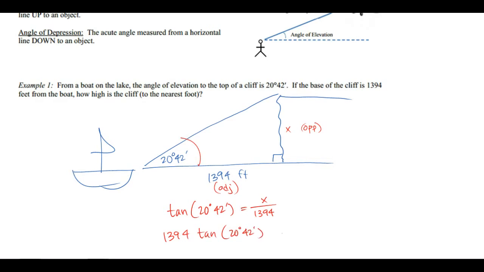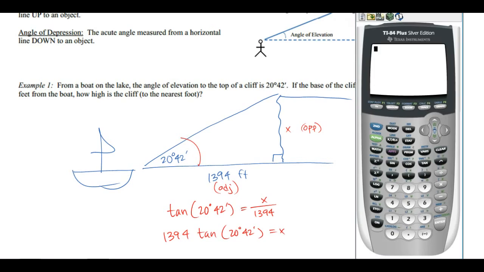And now I'll just grab virtual Sheila and have her see what she's got. And as I enter that in, I'm just going to hit 1394 times tangent of 20 degrees, I'll use that angle menu, 20 degrees, 42 minutes.